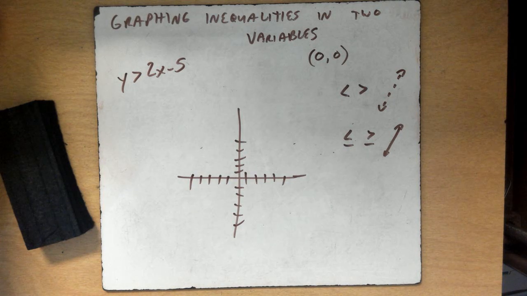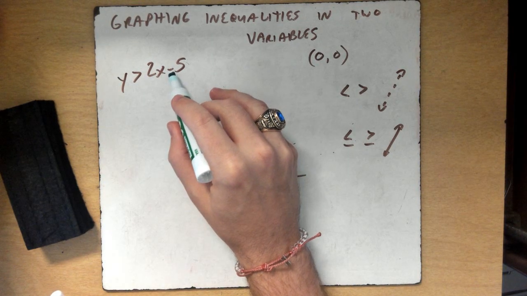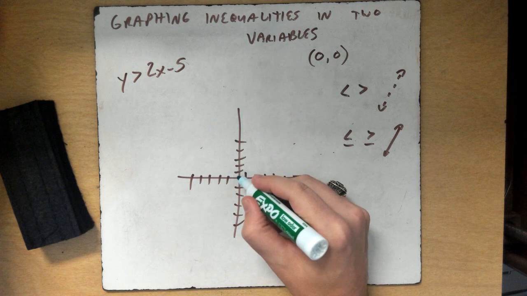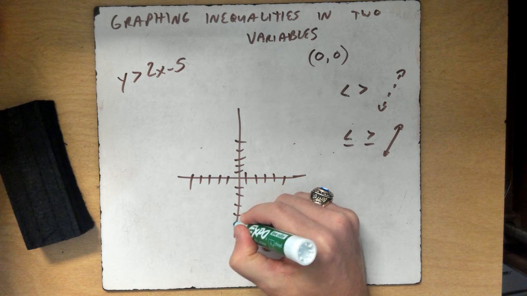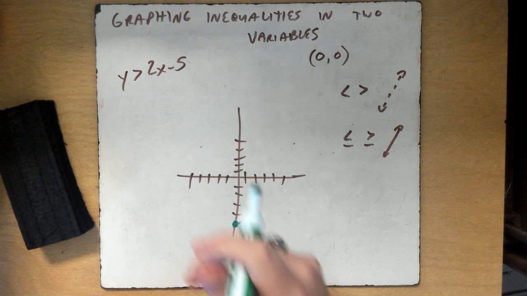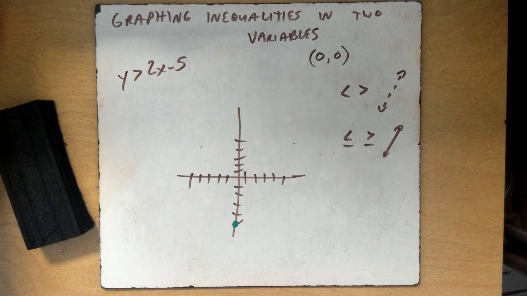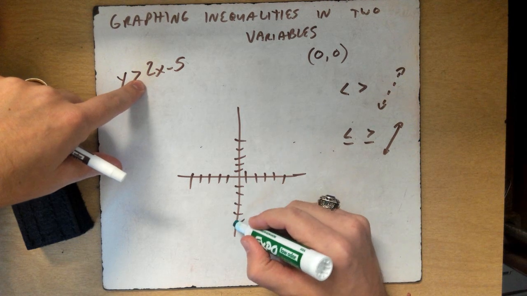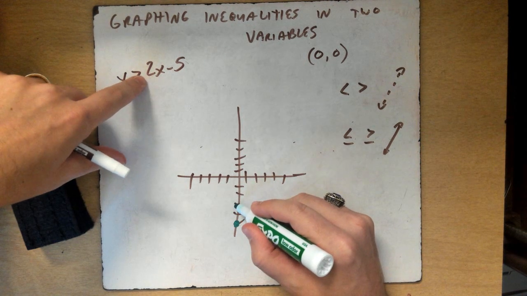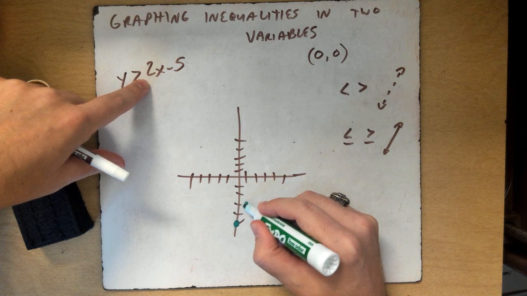Once again, the y-intercept is negative 5. So I go down, start from here: 1, 2, 3, 4, 5. There's my y. For 2x, remember, 2 is by itself, so that is my slope. It's positive, so I count up 2: 1, 2. And because x is by itself, it's always over to the right 1.